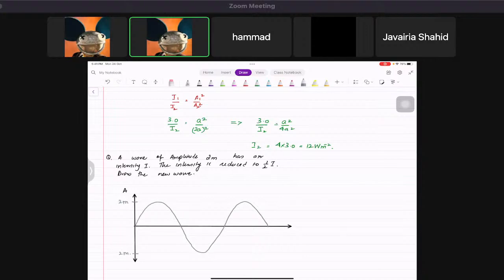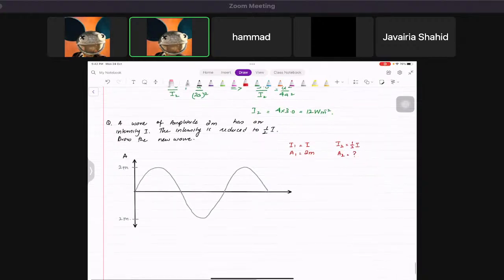So we're going to gather some data. For the first wave, the intensity is I, and the amplitude is 2 meters. The intensity of the second wave is half I, but the amplitude A2 is unknown, so I want to find that. I'm going to use the equation I1 over I2 is equal to A1 squared over A2 squared.